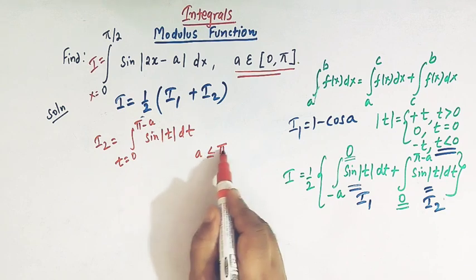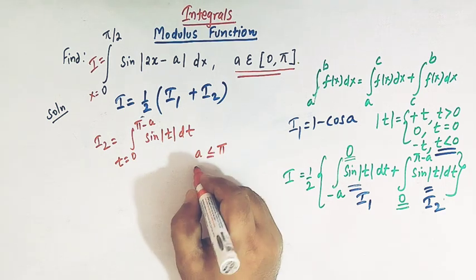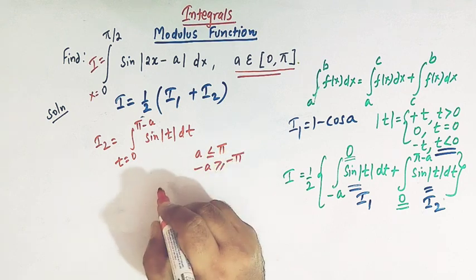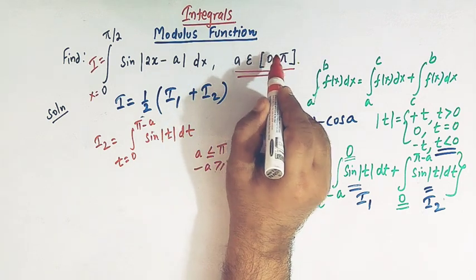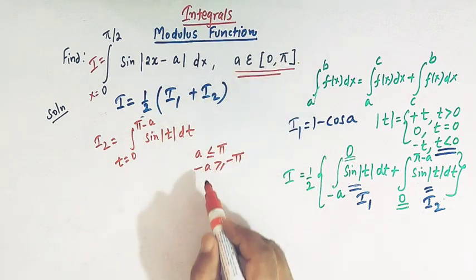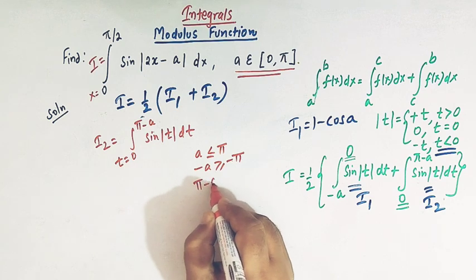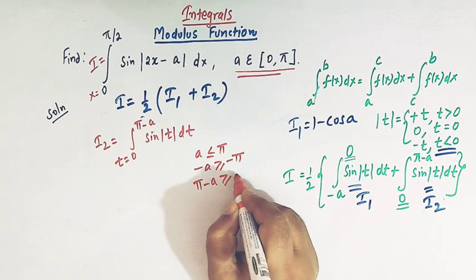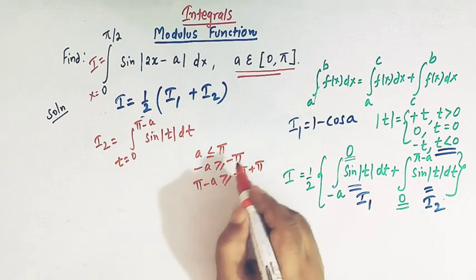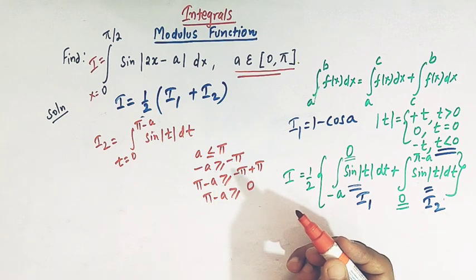Now if we multiply this inequality both sides by -1, then we have minus a is greater than or equal to minus pi, right? So here we have left this 0. We are only considering this pi, right? So now adding pi to both sides, we have pi minus a is greater than or equal to minus pi plus pi, that is greater than or equal to 0, right?